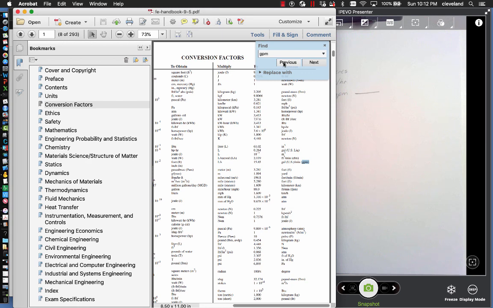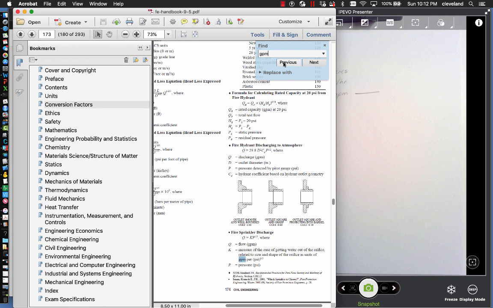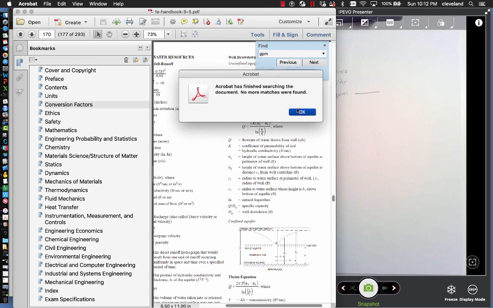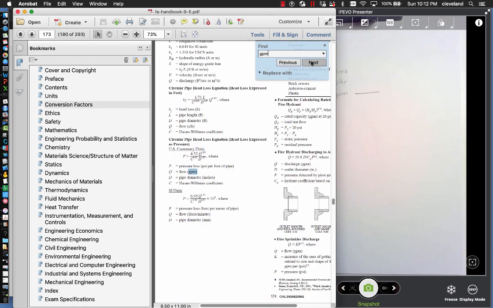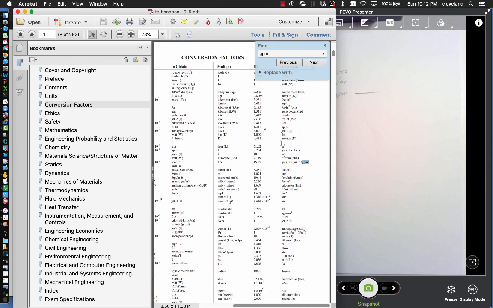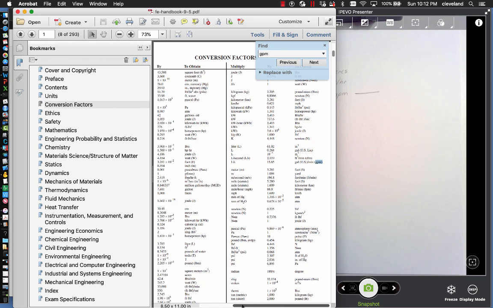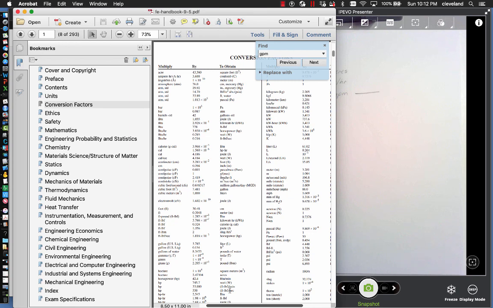Okay, liters per second to gallons per minute. Okay, we're going to have to stick with, should have a gallons to a cubic foot somewhere. There we go.